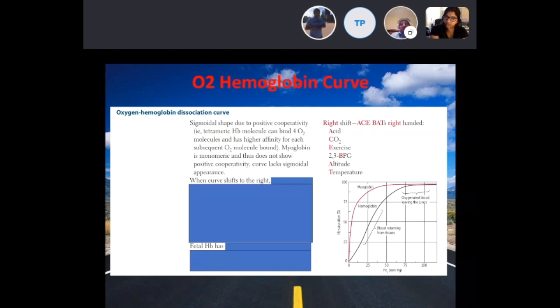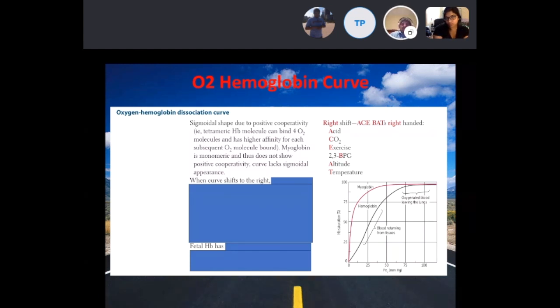It's monomeric, so that means it's either no oxygen on it or it's completely filled, so there's no room for positive cooperativity. That's correct. So you might see a question about the shape, and that's as much as they can ask you. But the real meat and potatoes of this topic is the shifting of the curve.